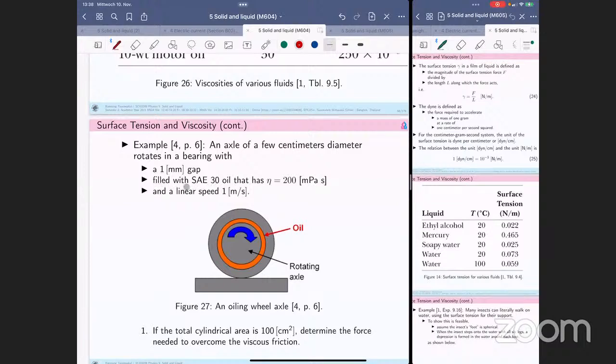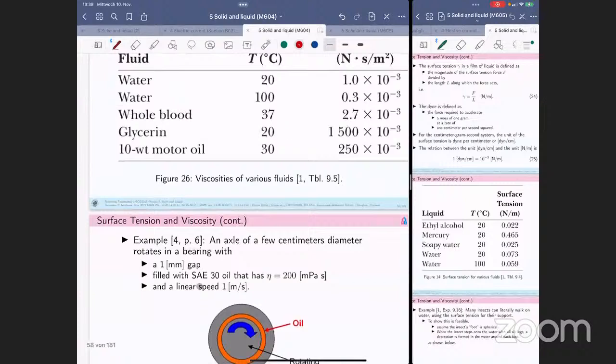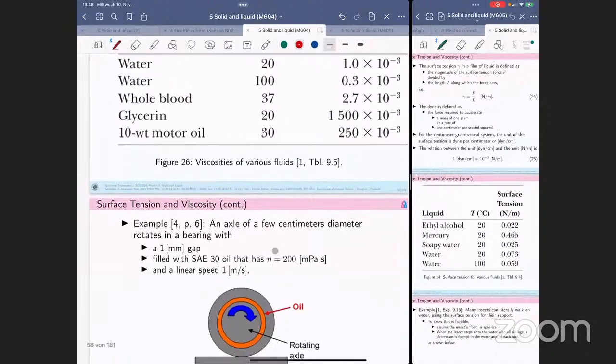SAE is the Society of American Automotive Engineers, which deals with automotive engineering in the United States. 30 is the code of the viscosity controlled by this society. They have provided the value of viscosity. They say SAE30 oil. Doesn't matter if you don't understand it.